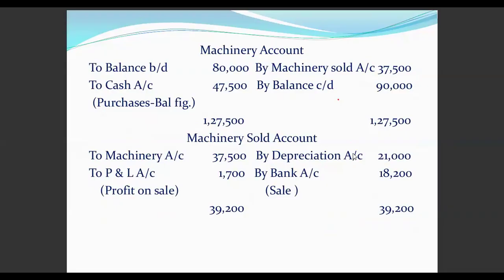So I got a depreciation, I got purchase, I got a profit. If depreciation is charged, the deduction should be done. If the machinery is purchased, like in this case, we find 47,500 rupees machinery is purchased, then we need to deduct this as outflow of cash. And after adjusting all this, we have to calculate the exact cash flow.